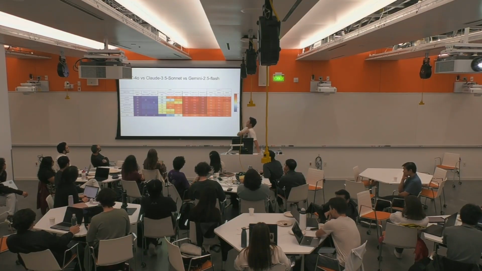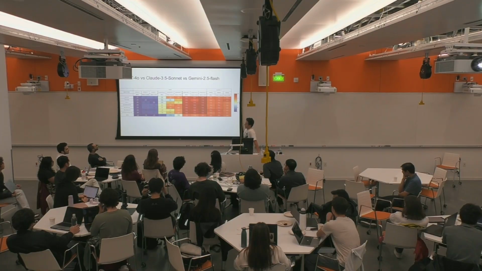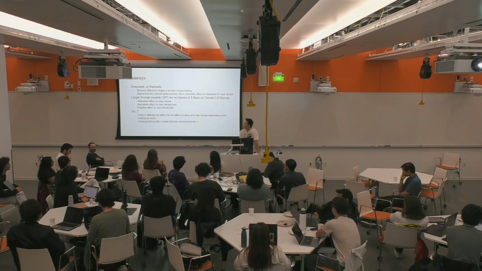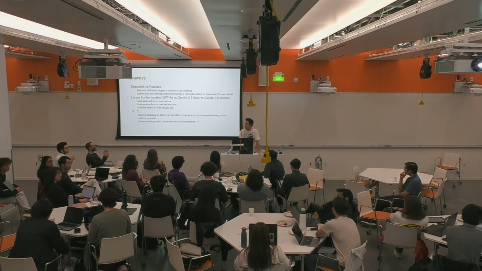I also ran 3 trials, and each time I sample on the order of 100 prompts, so it's not statistically significant unless you are a scientist. Yeah. Okay. Anything else? Okay, thank you.